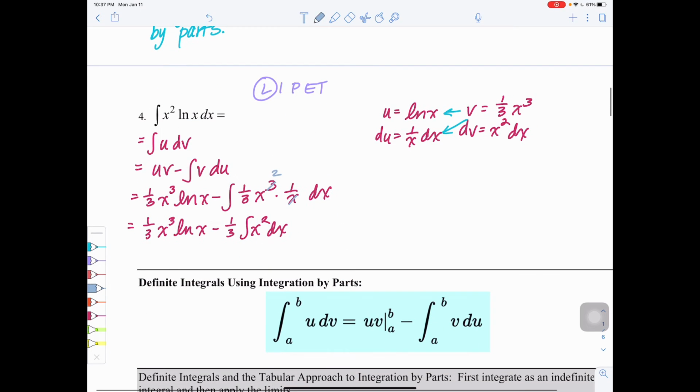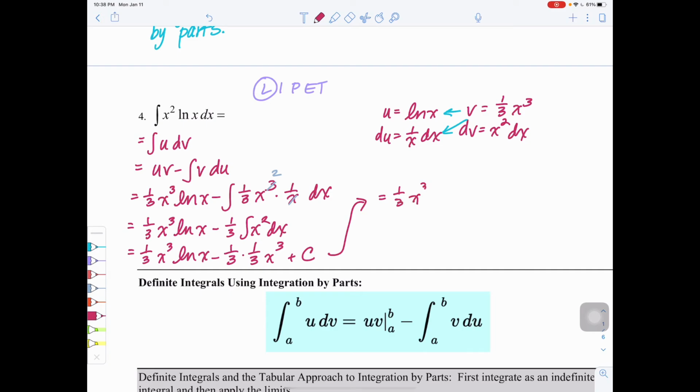Okay, we are almost there. It's equal to 1/3 x cubed natural log of x minus 1/3 times 1/3 x cubed plus a constant. And that's just equal to 1/3 x cubed ln of x minus 1/9 x cubed plus a constant.